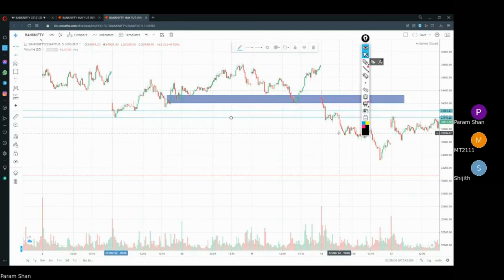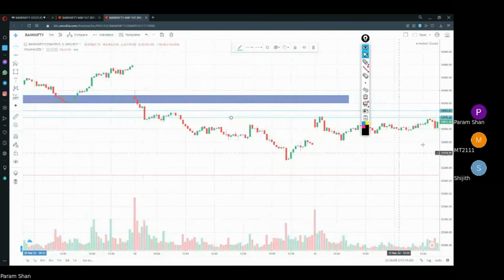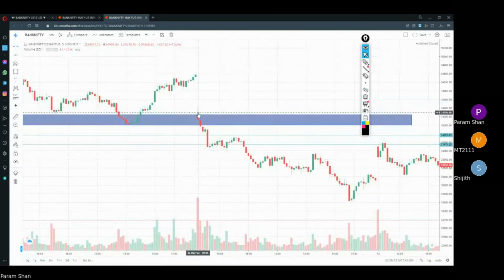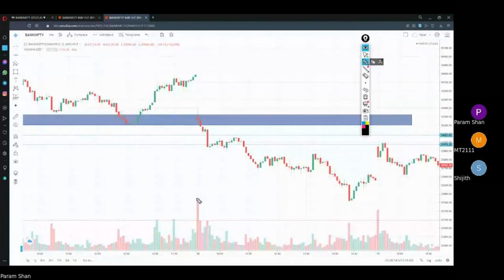Now on this particular trading day, the price has started. This is a very good example. Volume is very, very high, but you see the candle size, it's very small. This is called a narrow range candle.